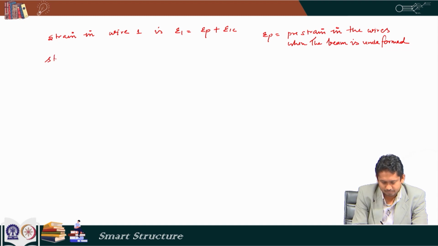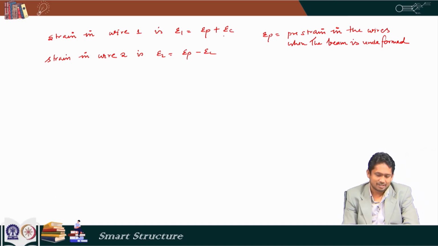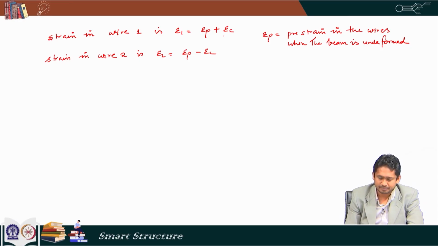And strain in wire 2 is epsilon 2 equal to epsilon p minus epsilon c. We have already defined epsilon c, so let us not use the suffix 1 or 2: epsilon p plus epsilon c and epsilon p minus epsilon c.